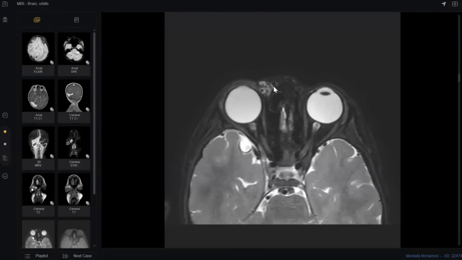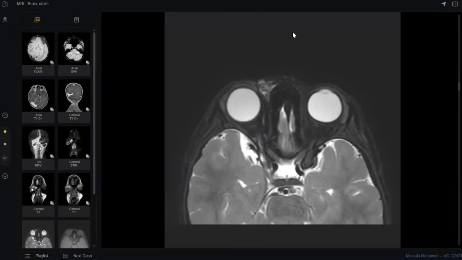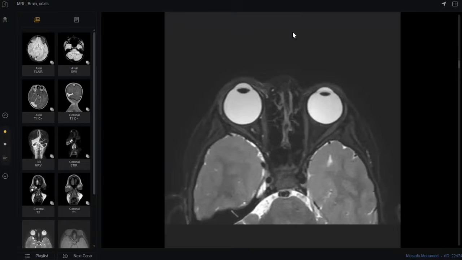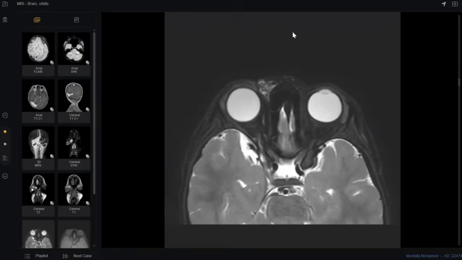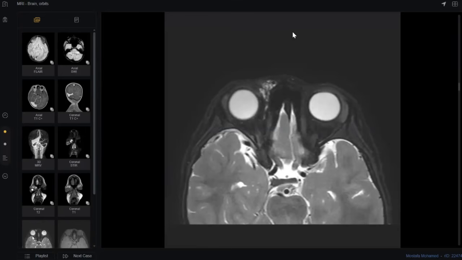What is this? I think maybe an inflamed lacrimal gland. No, the lacrimal gland is in the superolateral aspect. So, vessels, yes.